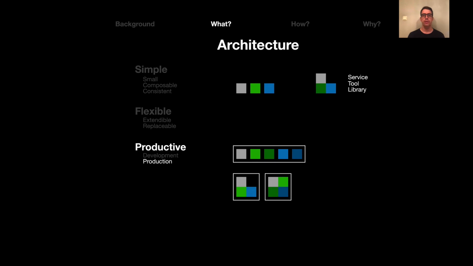So we have this separation between development and production, where in production we can optimize for non-functional requirements, while in our development environment, we optimize for productivity. And this separation is really important, and this is very core to the whole idea behind Polylith.